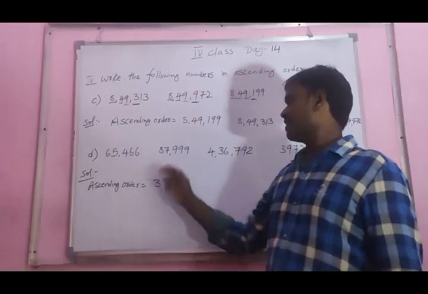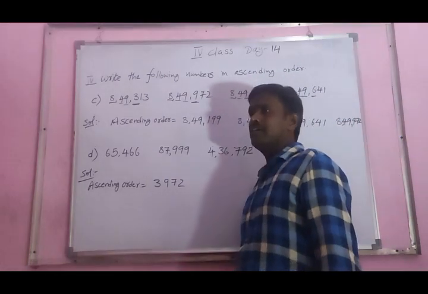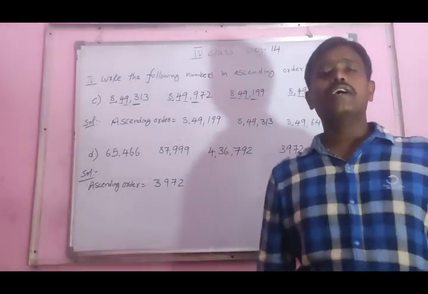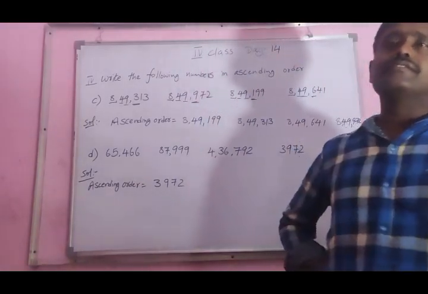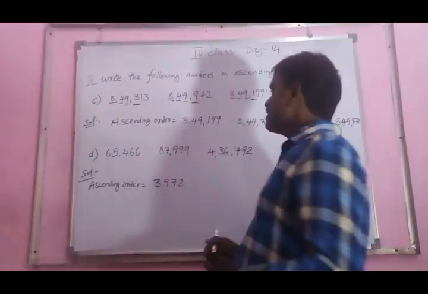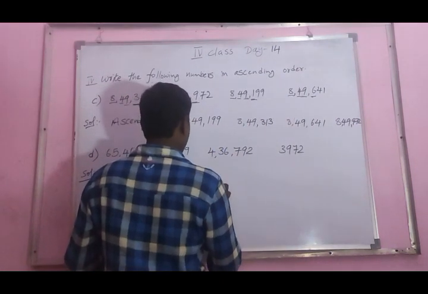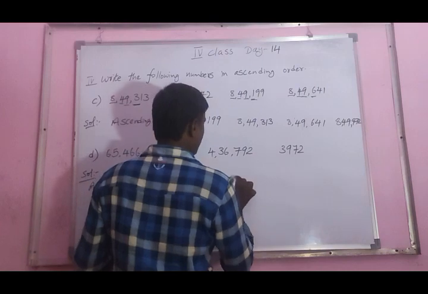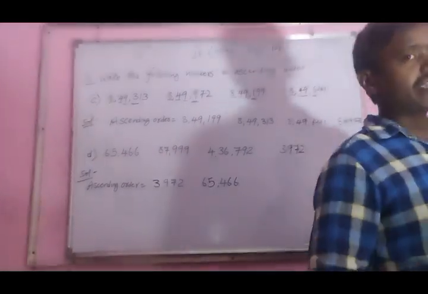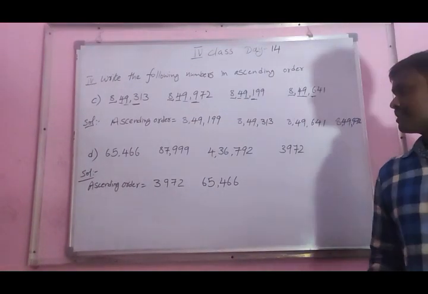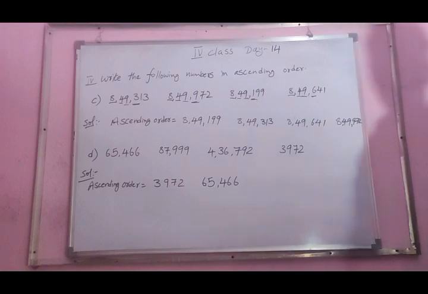We know that 6 is a small number than 8. So this is the next number. Second number is 65,466.